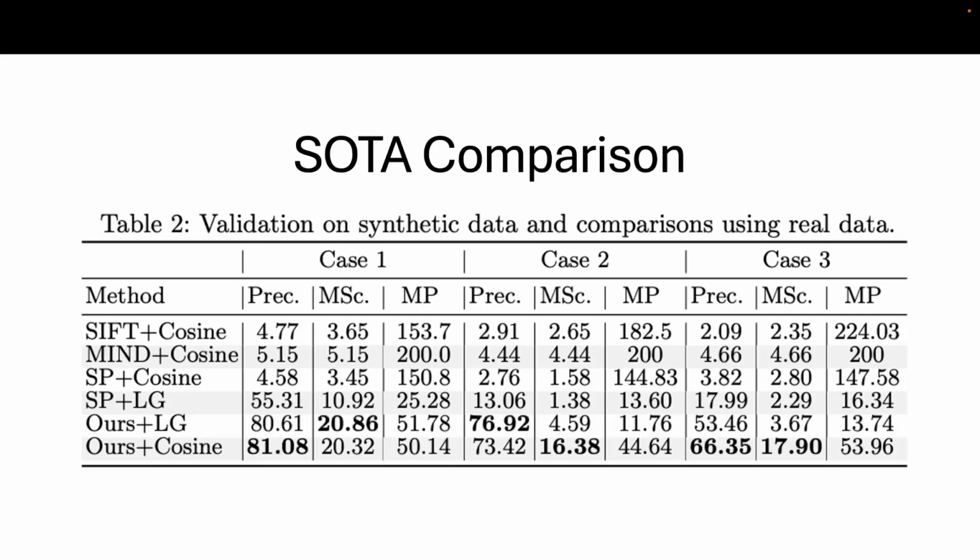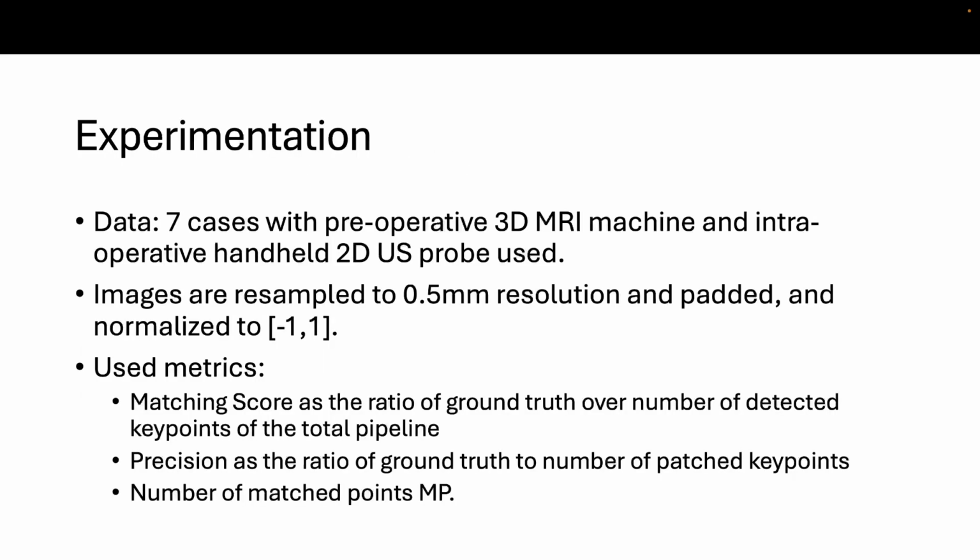Looking at the table, the comparison with the other state-of-the-art models, the novel 2D key point detector featured in this paper is significantly better in terms of precision and matching score, and those are very important measures. The only disadvantage is a decrease in the number of matched points. The definition of precision is found on the previous slide. So that's the ratio of ground truth to the number of patched key points.